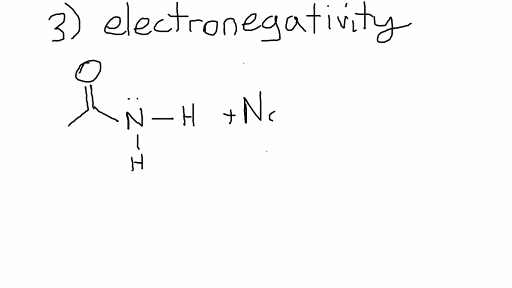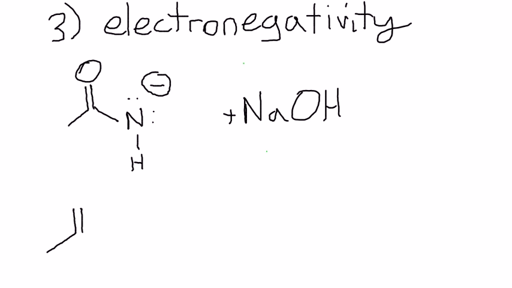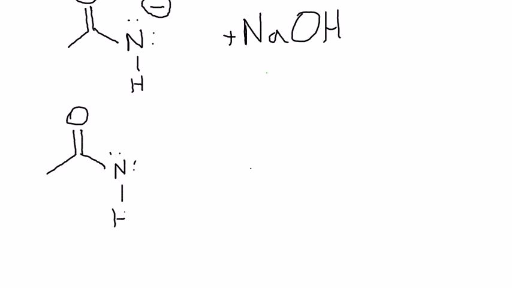So let's add sodium hydroxide, and a base will take away our most acidic proton, which is this guy, and that bond that was originally between the nitrogen and the hydrogen will become a lone pair on nitrogen. So this is what we end up with after deprotonating.